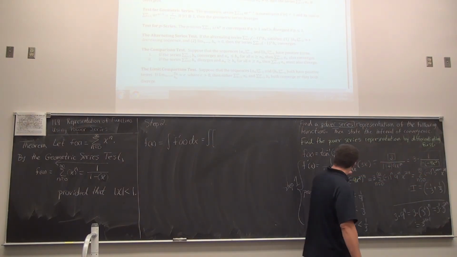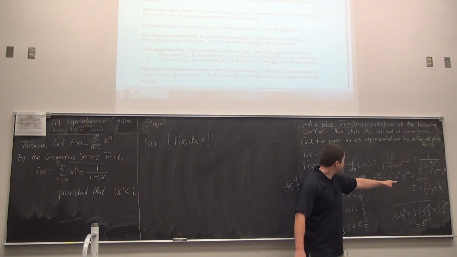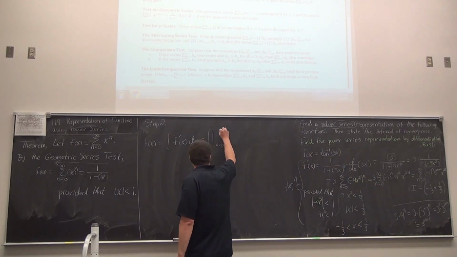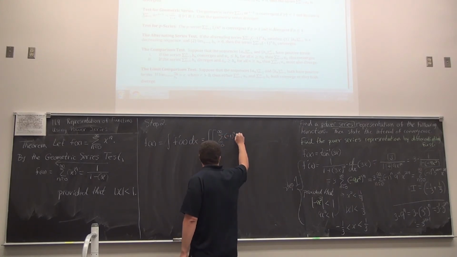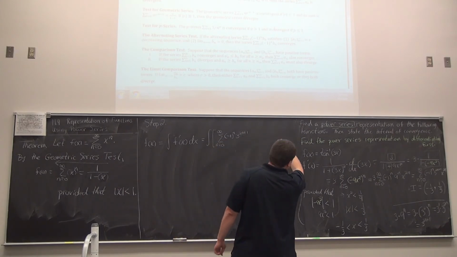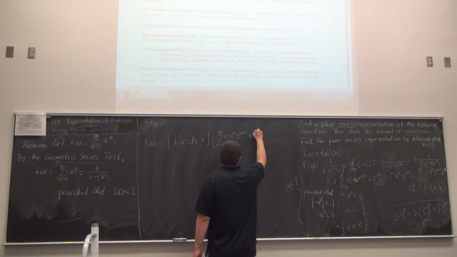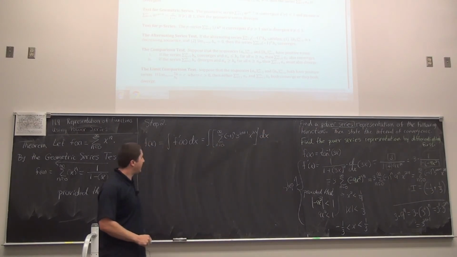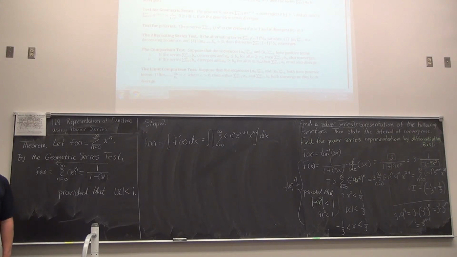So that, if you follow the long chain of equalities, gives us f prime is equal to the summation as n goes from 0 to infinity of negative 1 to the power of n, 3 to the power of 2n plus 1, x to the power of 2n, close the bracket, and dx, since the antiderivative is with respect to x. So we're going to take the antiderivative of infinitely many terms in one shot.